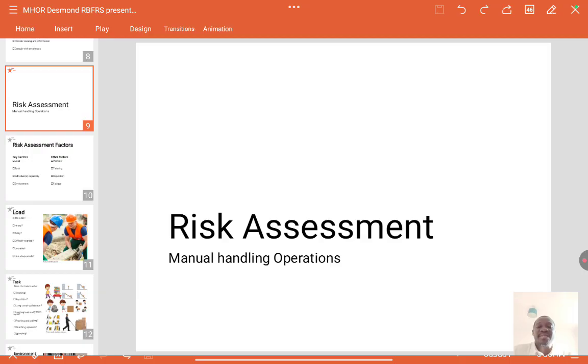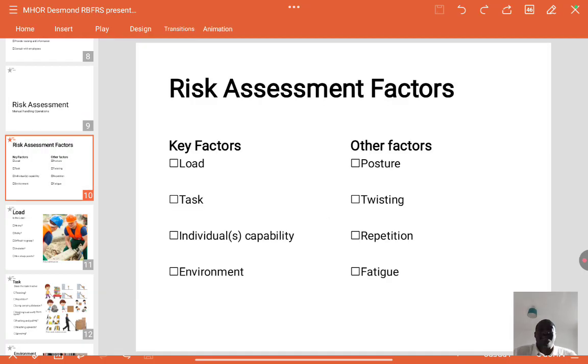So let's look at the risk assessment factors. There are 4 key factors when we are doing manual handling operations, and these key factors are highlighted on the left side of the screen, and these are the load, the task, the individual capability, and the environment.